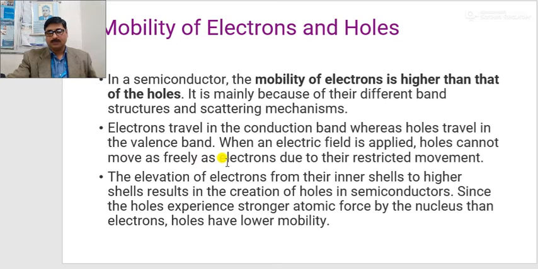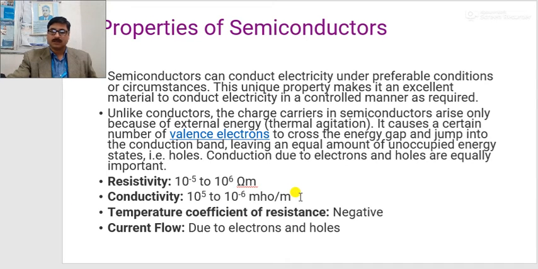In this way, we can say current in the conduction band is due to the flow of electrons, whereas current in the valence band is due to holes. This is the main feature of a semiconductor. And now we understand there is a difference between conductor and semiconductor.